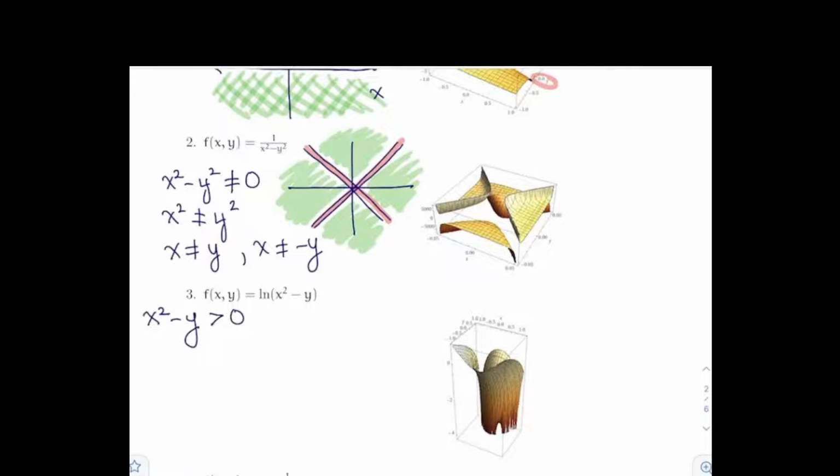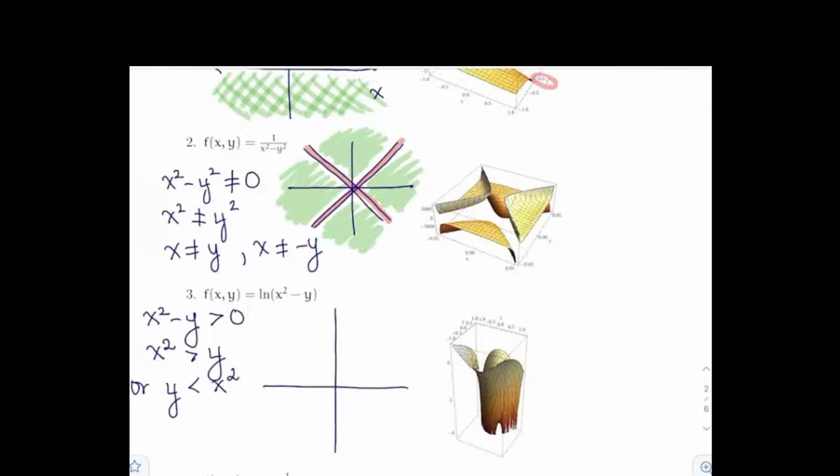Once that happens, this is equivalent to x squared greater than y. Or if it's easier for you to view it this way, this is y is less than x squared. Let's take a look at what this represents in R2.